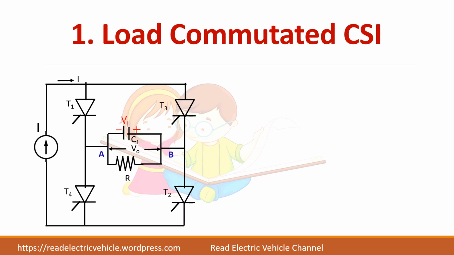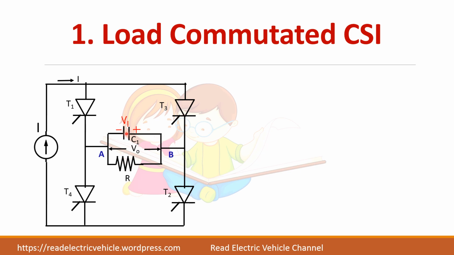This is a circuit for load commutated current source inverter. The input to the inverter is a constant current source I, and it consists of 4 thyristors T1, T2, T3 and T4, and the load is connected between the two legs. It is a resistive load and a capacitor is connected in parallel to the load.